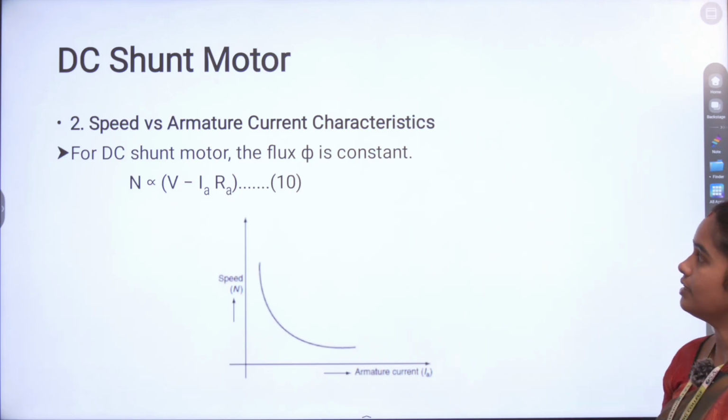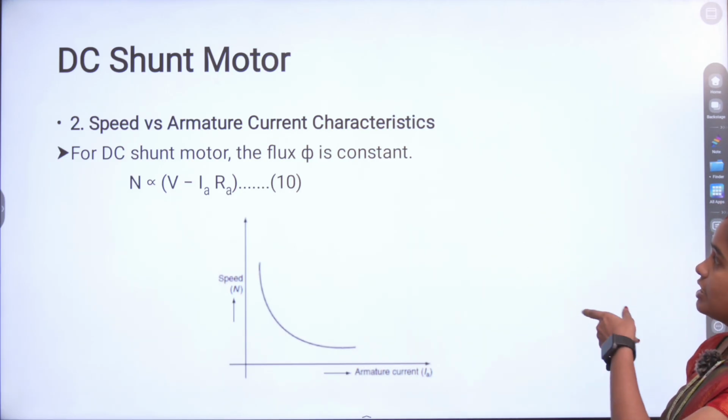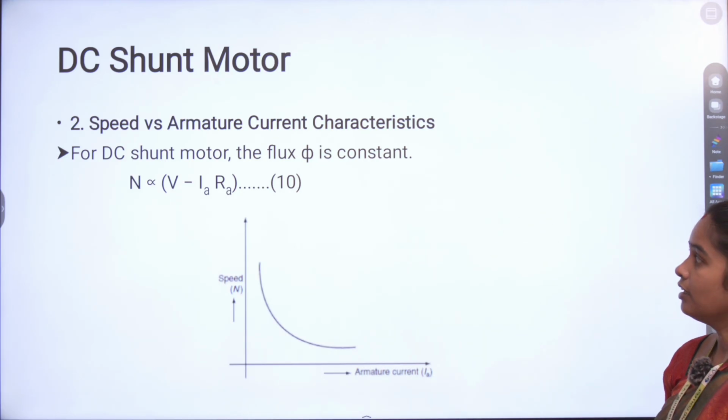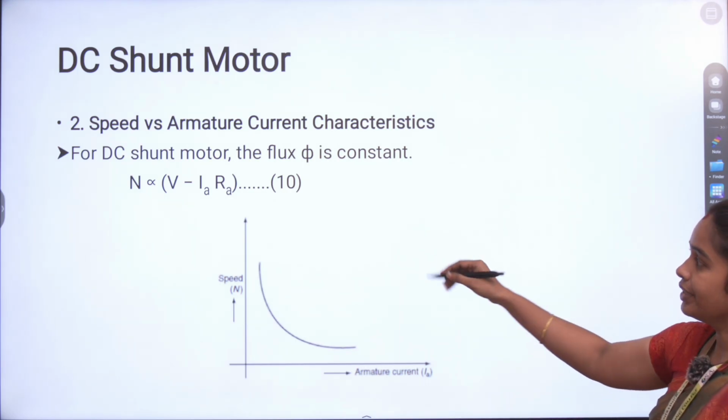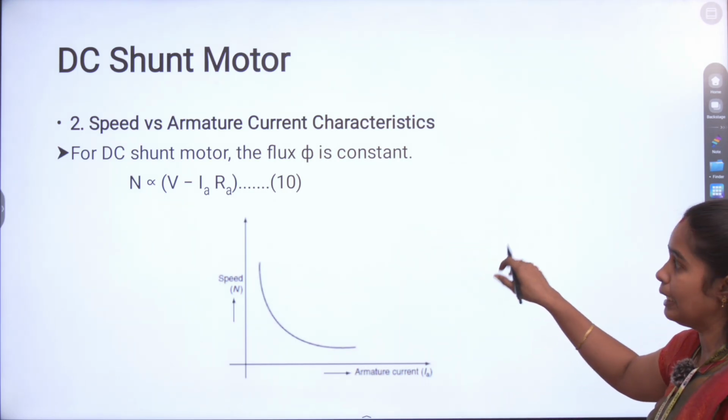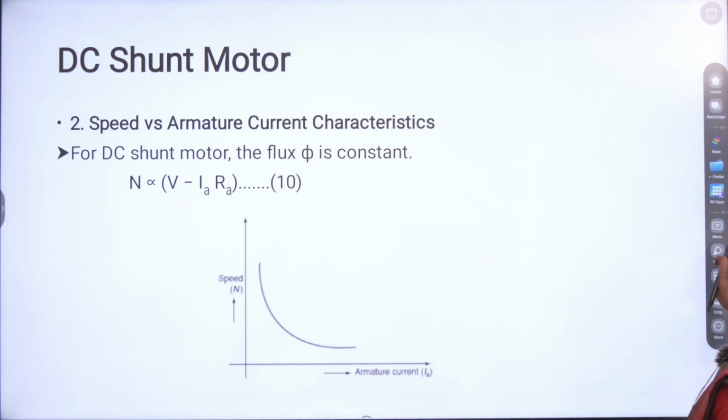And second one is the speed versus armature current characteristic. The speed equation: N directly proportional to EB divided by phi.